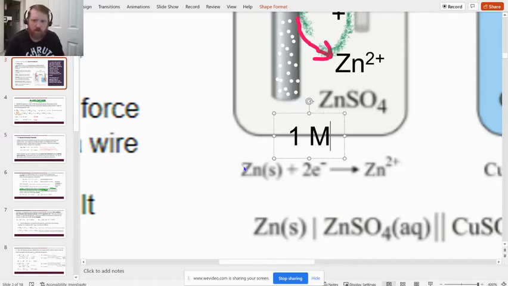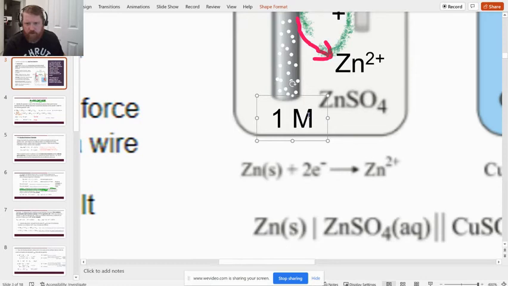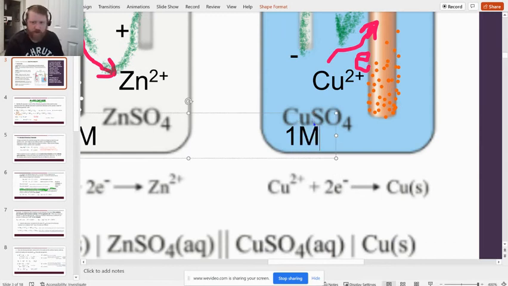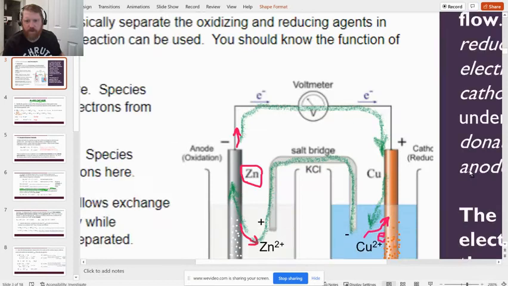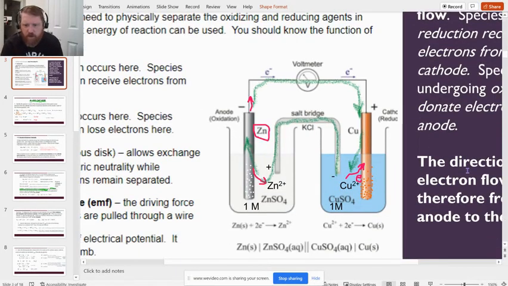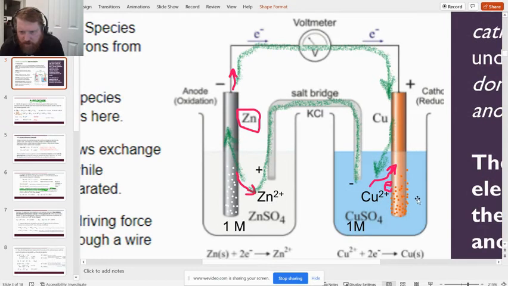This is supposed to be a 1 molar zinc sulfate solution, and the other one would be a 1 molar copper sulfate solution. I just had you flip all the way back to the very beginning of the notes again. Both of those would be 1 molar. Now, as the reaction goes, remember this little cute drawing I did where I was like, look, I can make orange dots and I can make white dots.